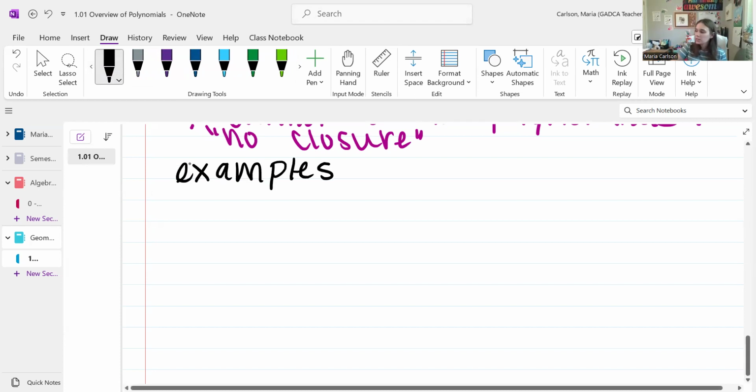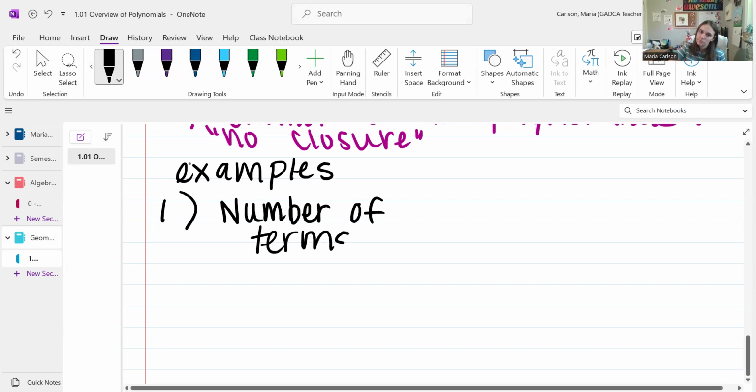All right, so for example number one, I'm going to provide us a polynomial and we are going to find the following things about it. We're going to find the number of terms. We are going to find the degree. We're going to find the leading term.